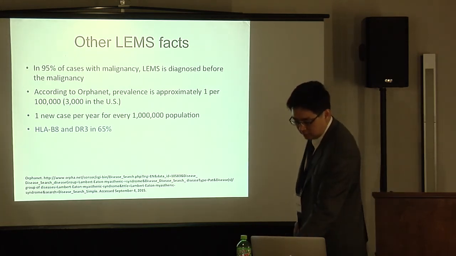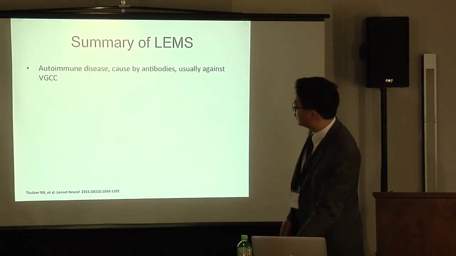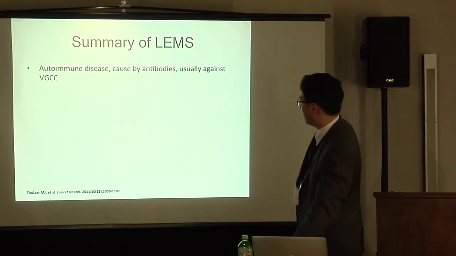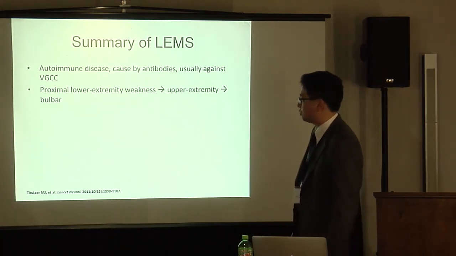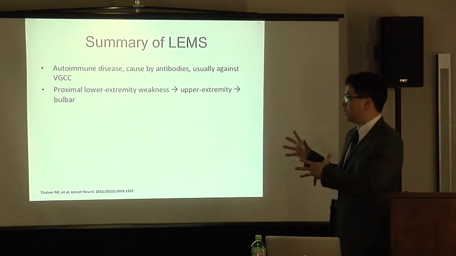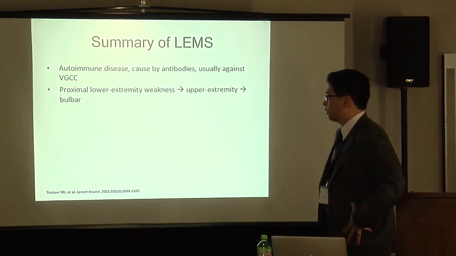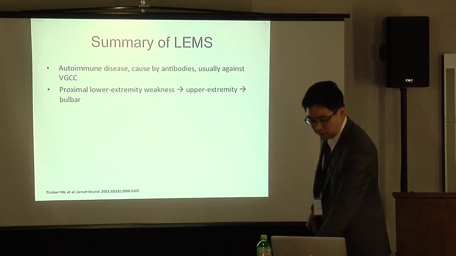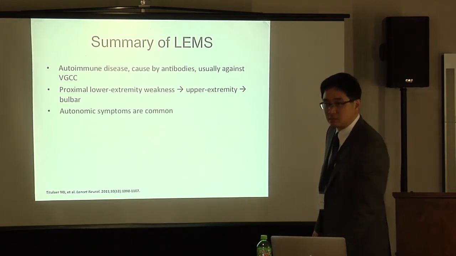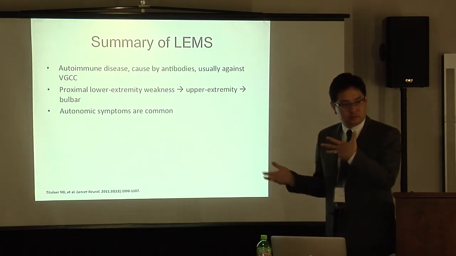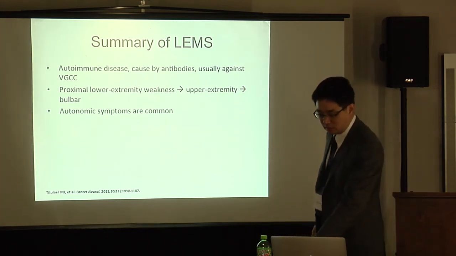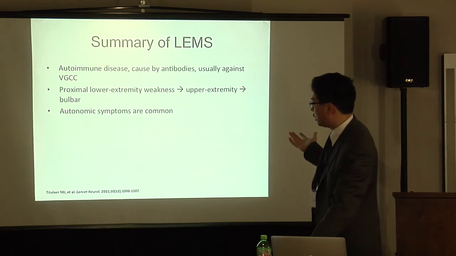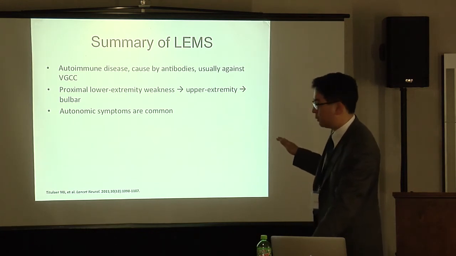Okay. So a summary: it is an autoimmune disease. It's caused by antibodies, usually against the voltage-gated calcium channel. There's a progression that usually starts in the legs, moving from proximal to distal, going to the upper extremity and eventually to the face. Autonomic symptoms that I talked about, dry eyes and constipation and blood pressure issues, are all part of that, and that's very common.